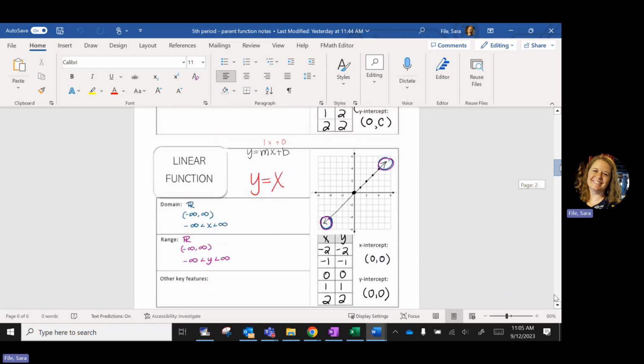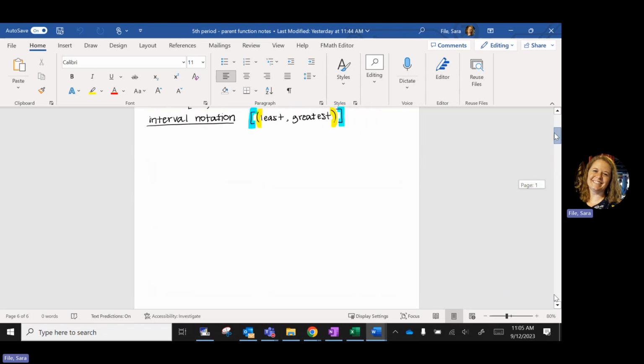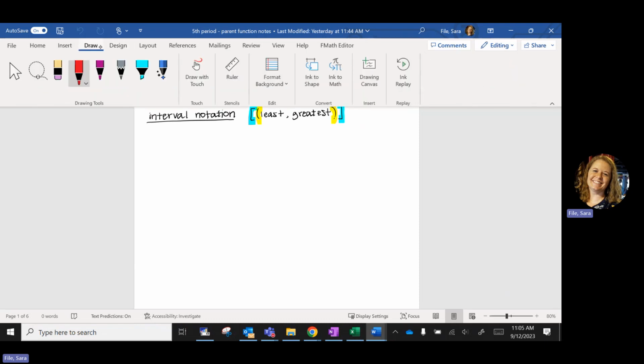So flip back over to the back where we did our little refresher on domain and range. And we're going to add one more definition back here. So on the back, you should have a warm-up done from last week and then the little domain range recap. Okay, and now we're going to add this definition. Asymptote is A-S-Y-M-P-T-O-T-E.